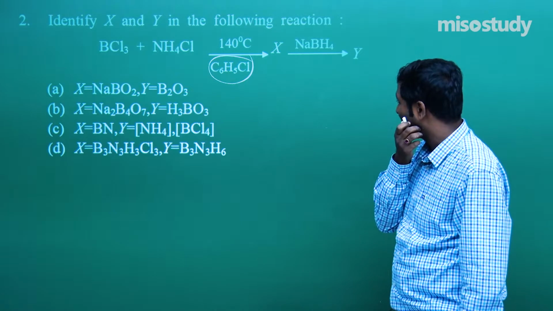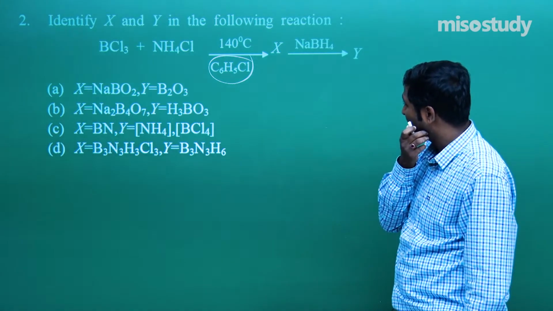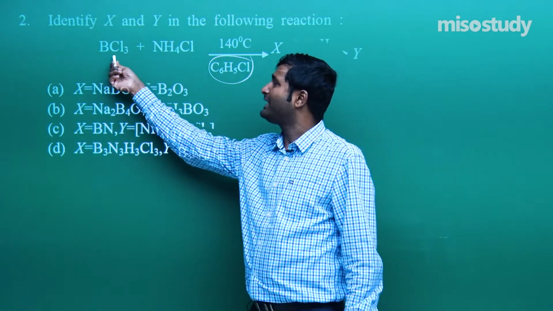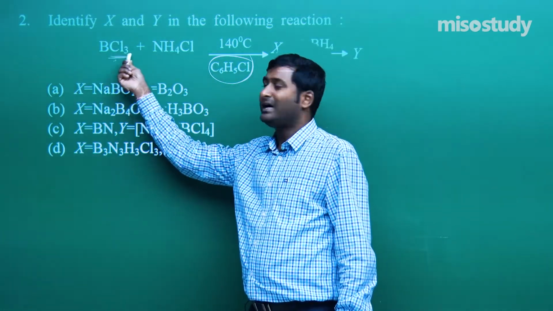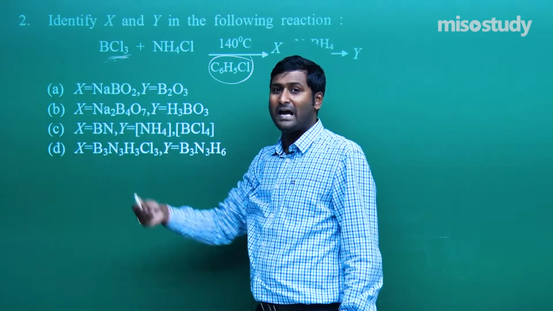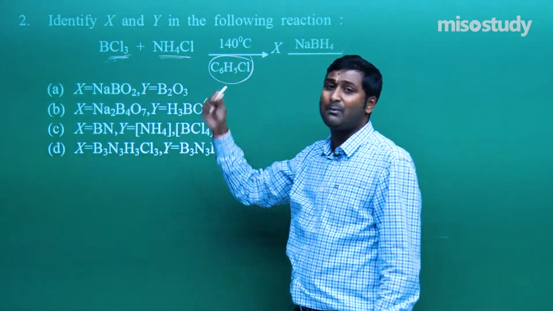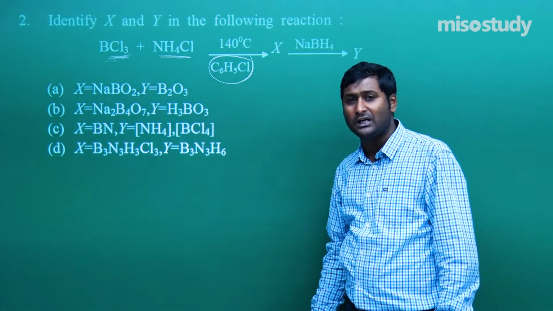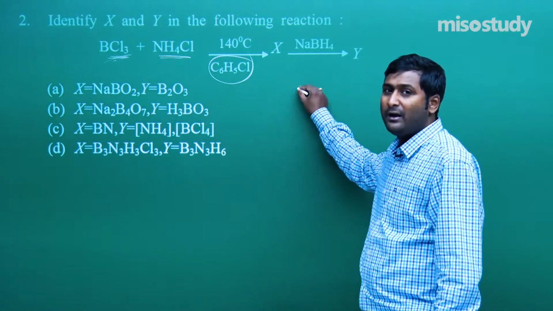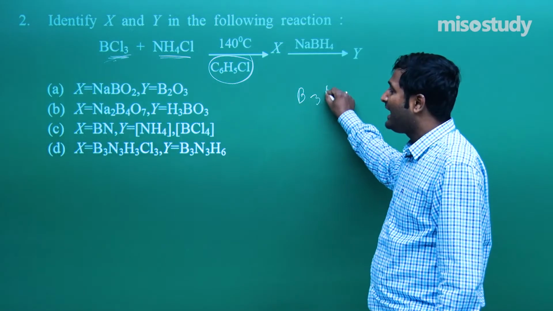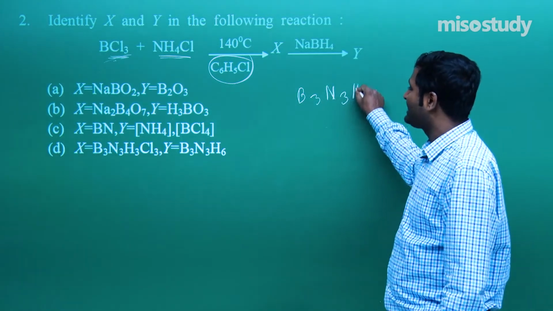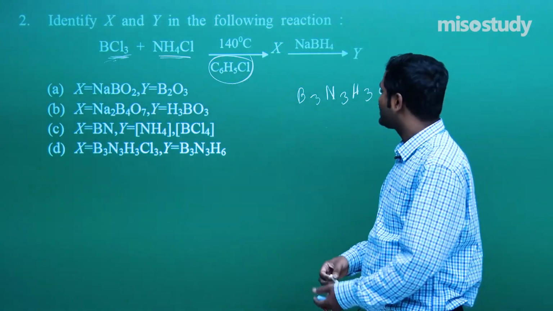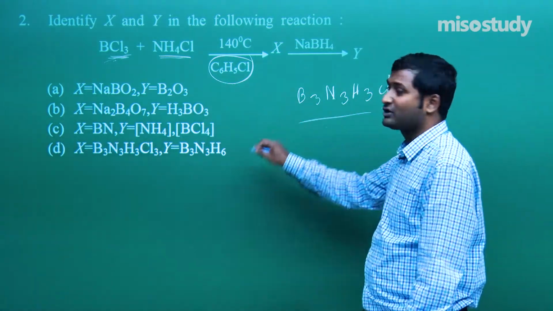That is the catalyst, and BCl3 is boron trichloride. When treated with ammonium chloride in presence of chlorobenzene, it gives you B3N3H3Cl3.